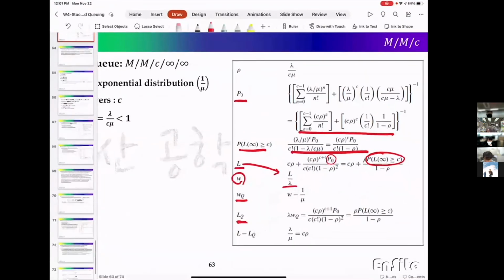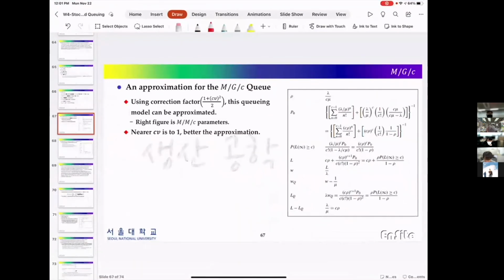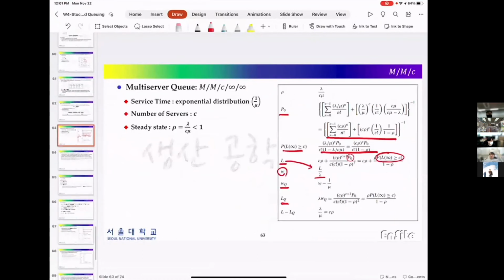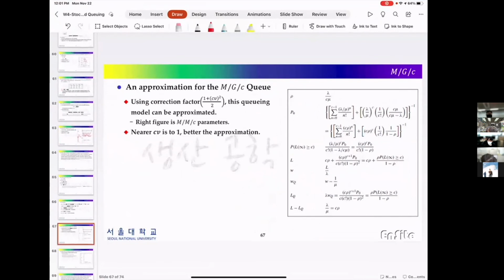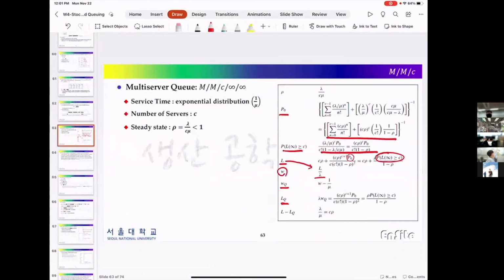It means that we can use these formulas in order to calculate each value here.